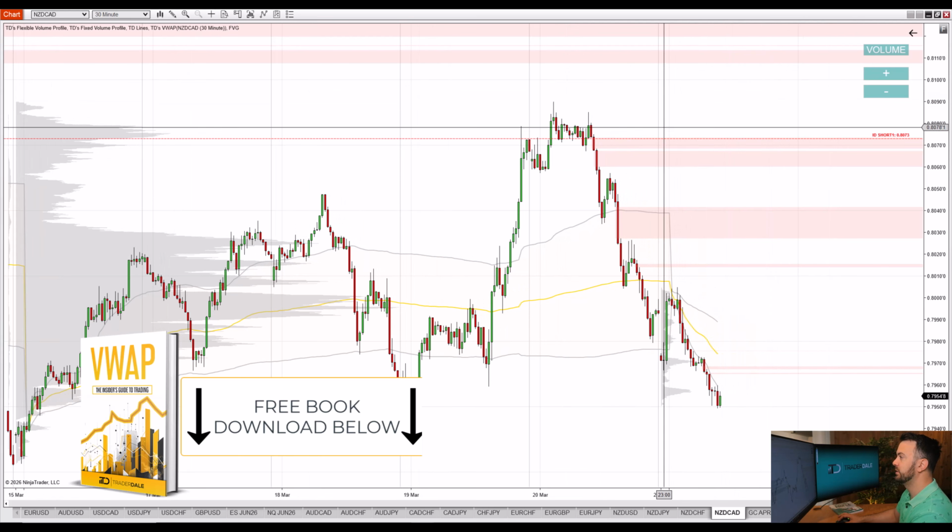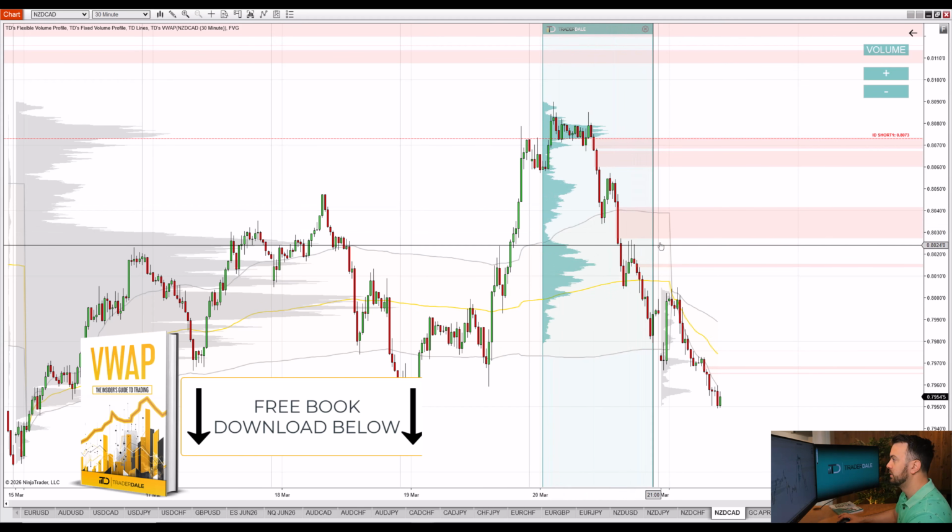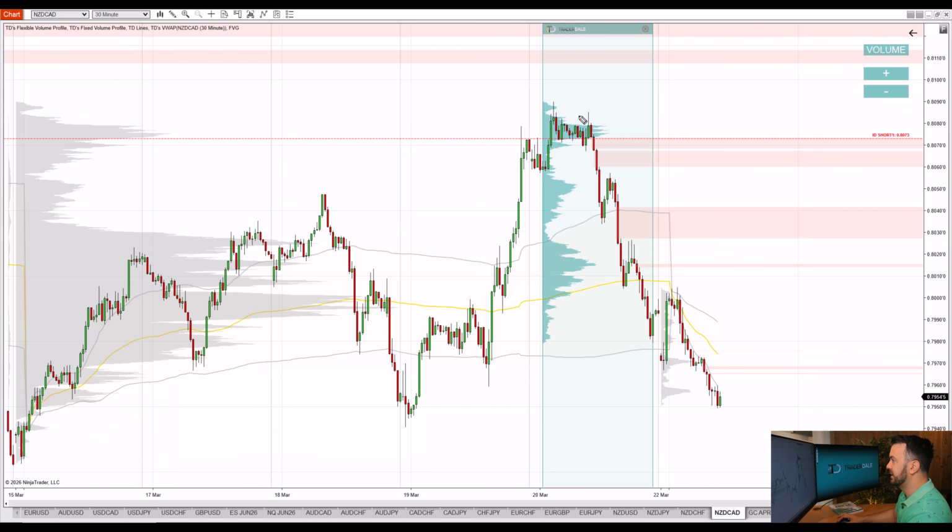Again, I'll show you with the flexible volume profile here how exactly that volume cluster looked before the sell-off started. As you can see, it is very similar to the New Zealand dollar, Swiss franc. In this case, I have the level at the beginning of a heavy volume zone in here at 0.8073.